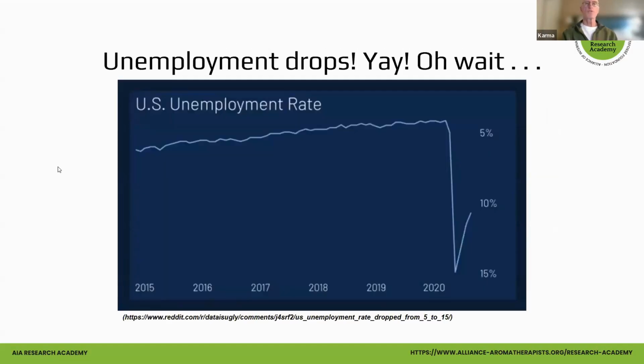Okay, unemployment drops, yay. Oh, wait a second. What did they do here? They flipped the y-axis.